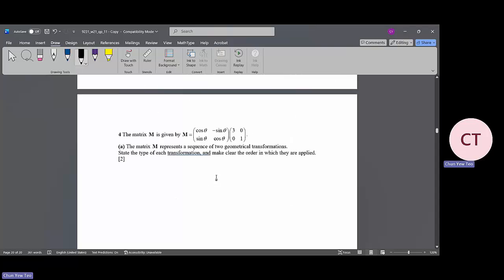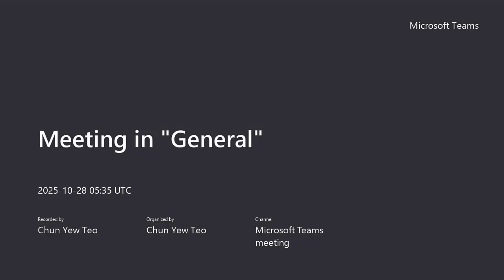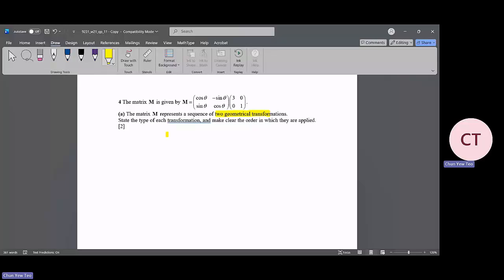And moving on, we have question number 4. Describe the type of each transformation and make clear the order in which they are applied. So right here, we need to know that for the 2 geometrical transformations over here, this is the first transformation, followed by the second transformation over here.